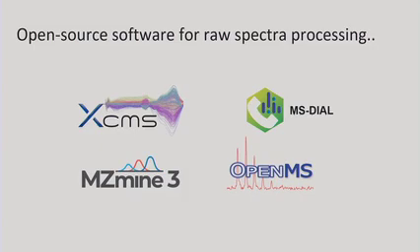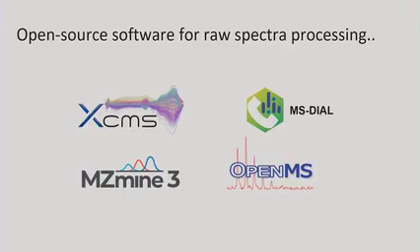OpenMS was first developed for proteomics, and now it is also used for metabolomics. These software use different algorithms to do the raw data processing, and the results are also different.